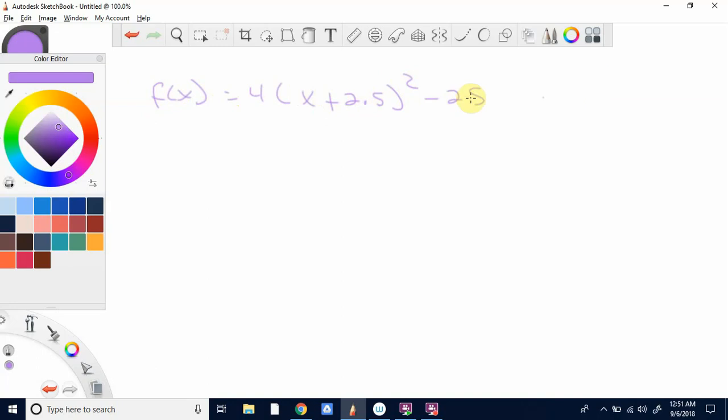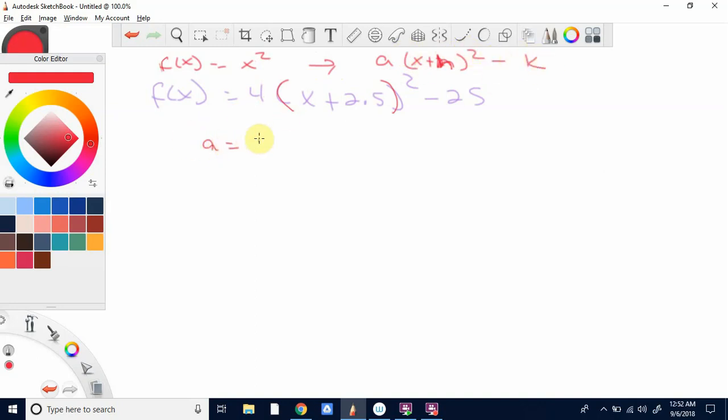The first thing you do is identify the parent function. The parent function is going to be f of x equals x squared, because I have this whole thing squared. So now what do I have going on here? Let's look at the transformations. I'll have a times (x minus h) squared plus k.